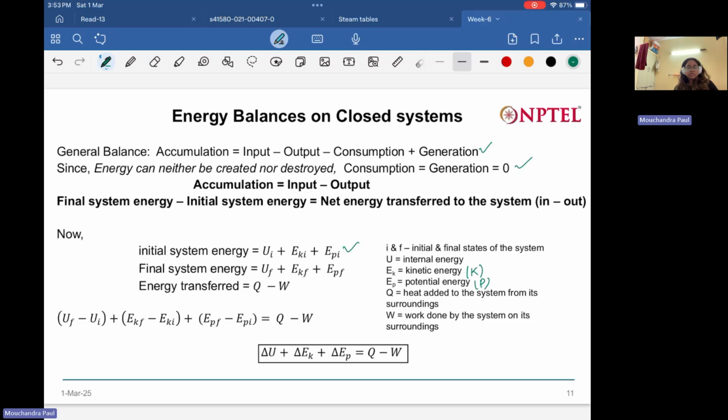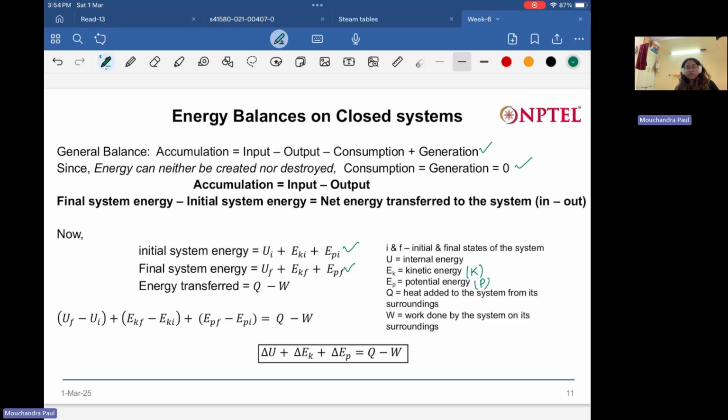I've taken this from one textbook where they have chosen to represent kinetic energy as EK and potential energy as EP, whereas I saw in another book where they are using capital letters like K and P for the representation. Similarly, final system energy will be UF plus EKF plus EPF. The I subscript refers to initial states, and the F subscript refers to the final states.